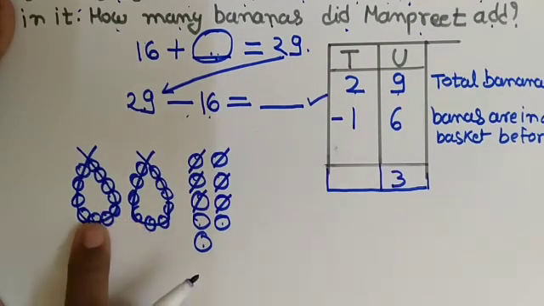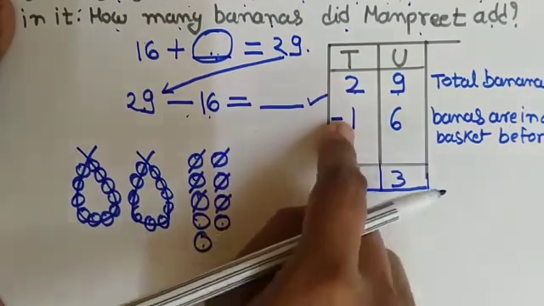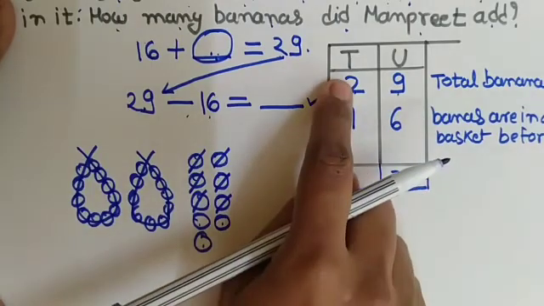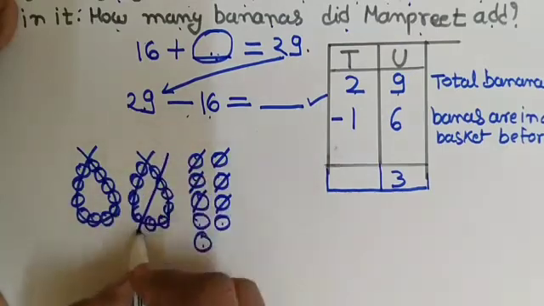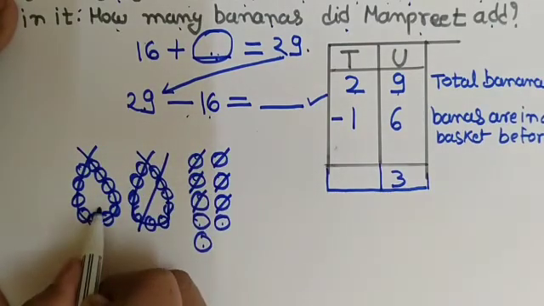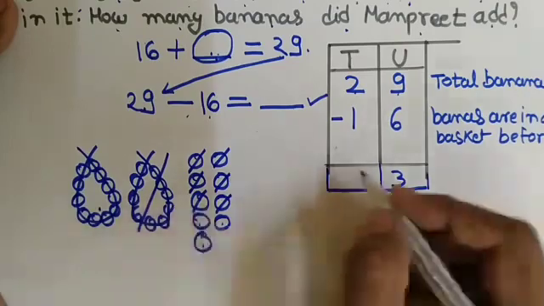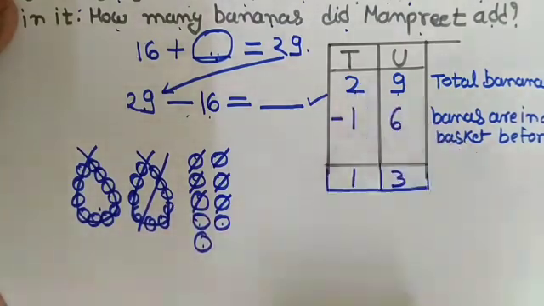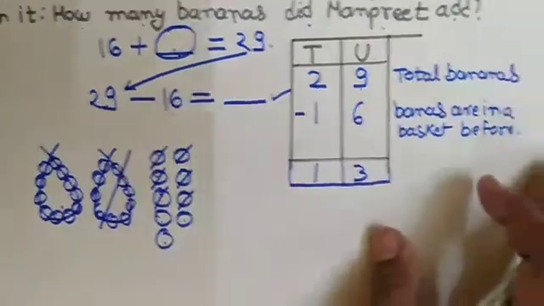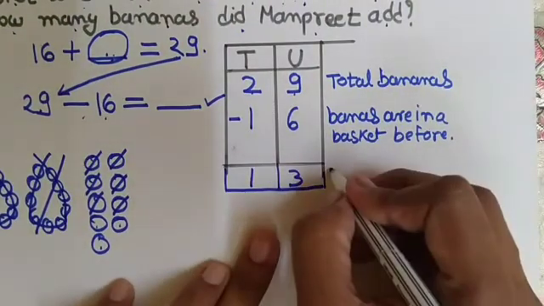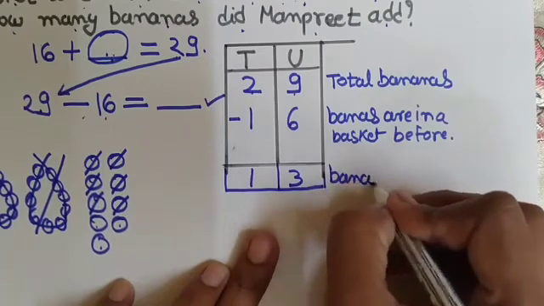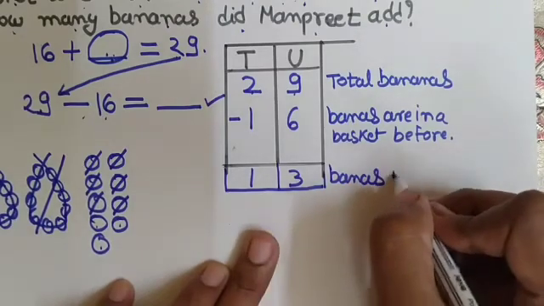Now from 2 tens we have to subtract 1 ten. So how many tens are left here? 1. So we will write 1 in the tens column. So 1, 3, 13. 13 is the number of bananas Manpreet added.